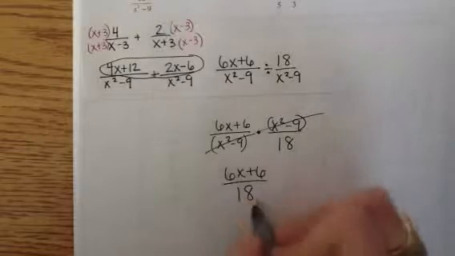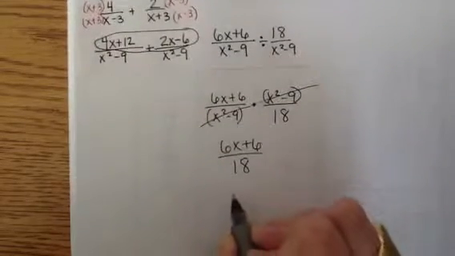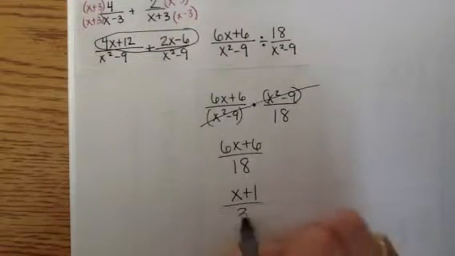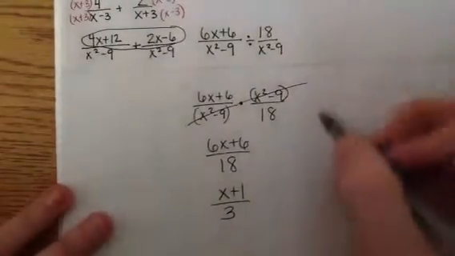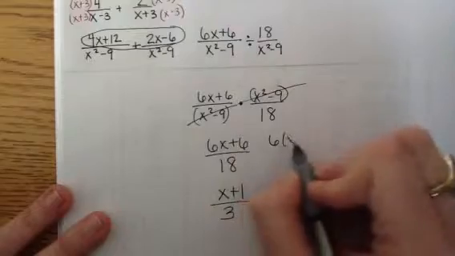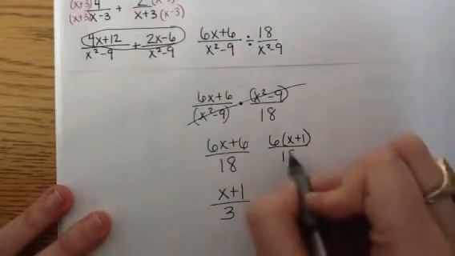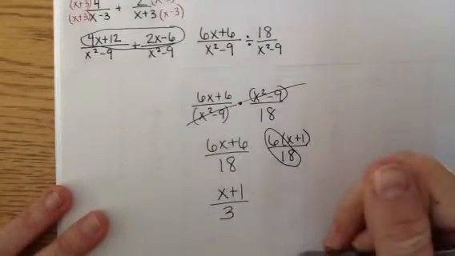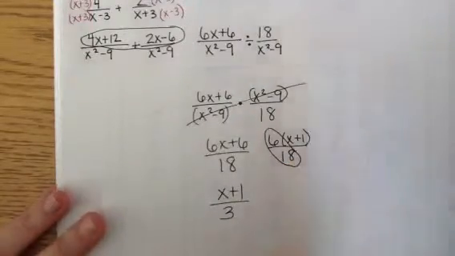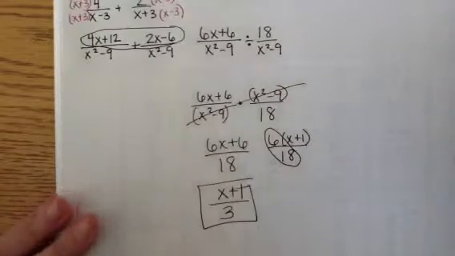All three terms here have a 6 in them. So that's x plus 1 over 3. You can also see that if you would pull out a 6 on the top, and then 6 over 18 is a 1/3. So you have x plus 1 on the top and a 3 on the bottom. And this is your final answer.